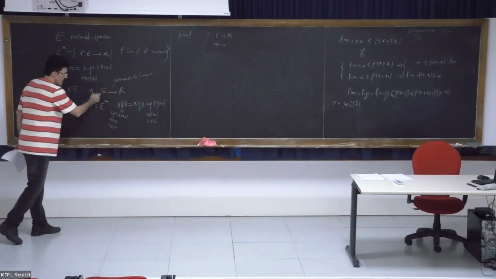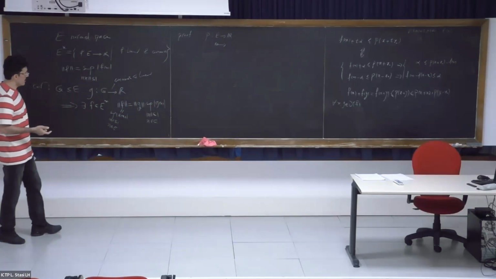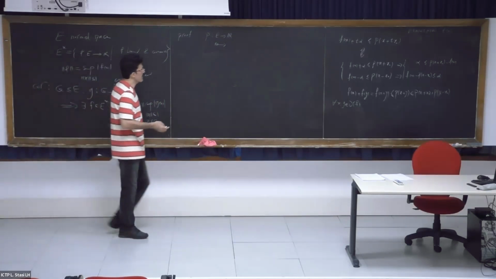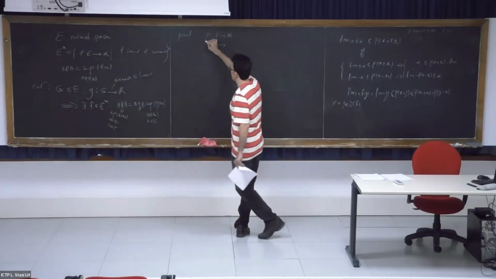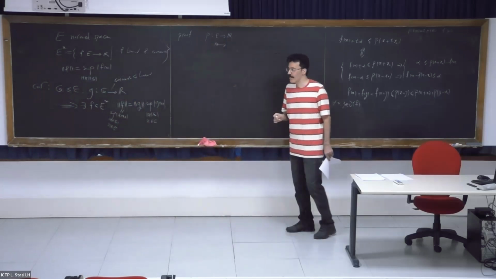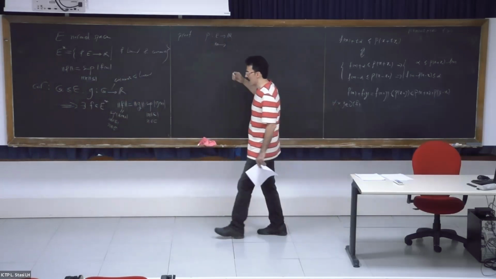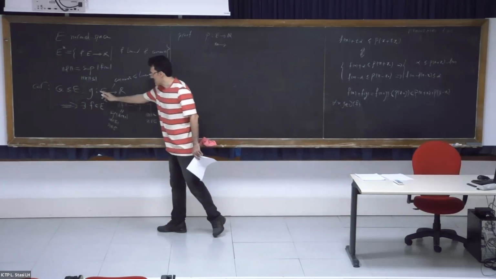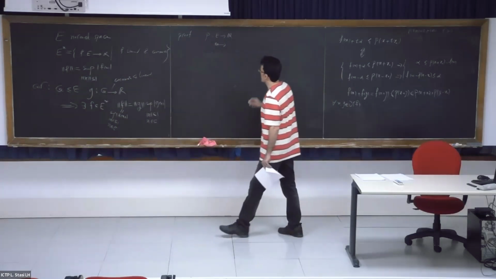First, I need to define G, and also I need to define some P that is sublinear and has the property that it is greater than G of x.